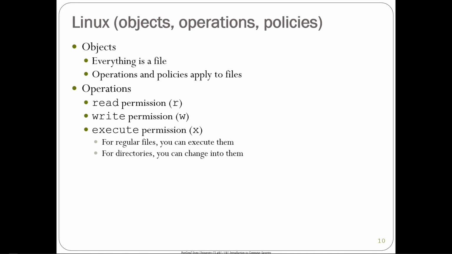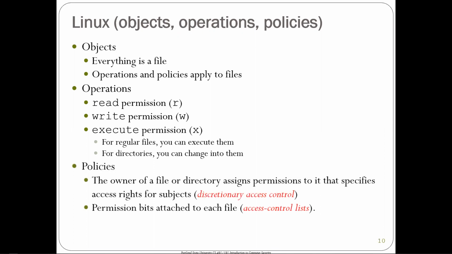If it's a regular file, that means a user, group, or other people can invoke it, can execute that particular binary. If it's a directory, it means that the user, group, or other person can change into it. I guess you can kind of see that as executing the directory by entering the directory, but that's what it means.